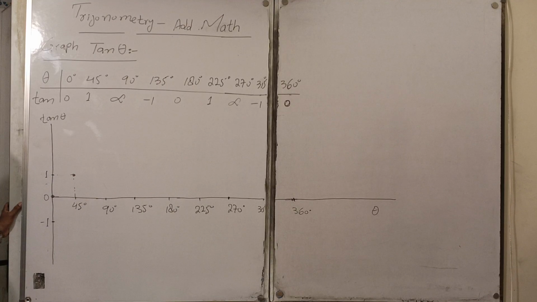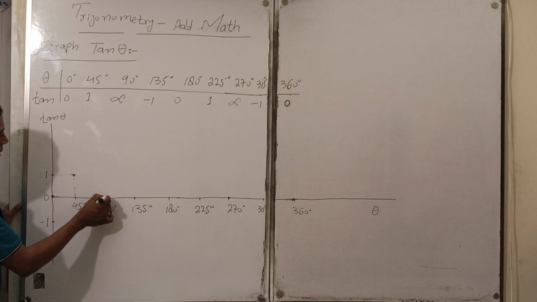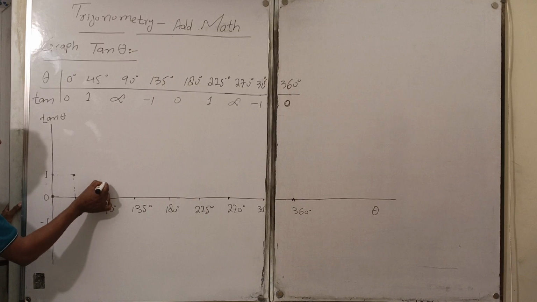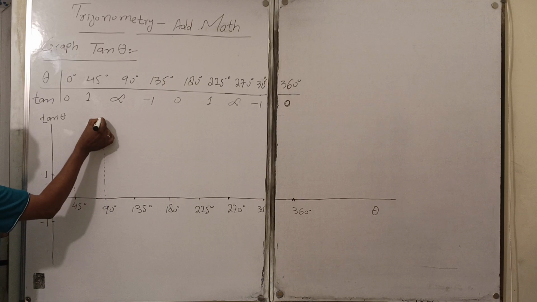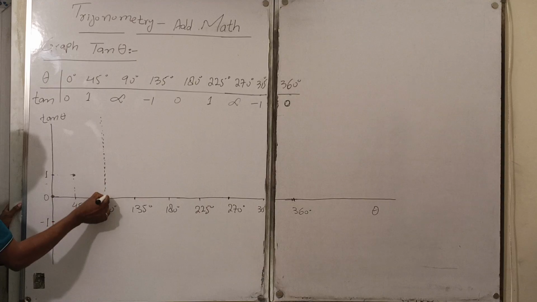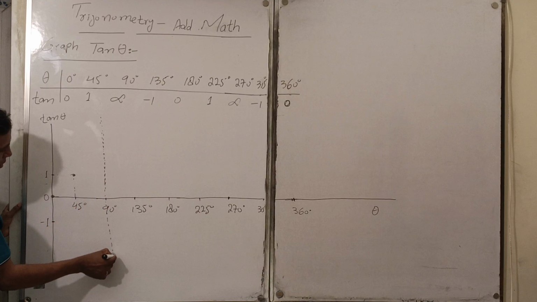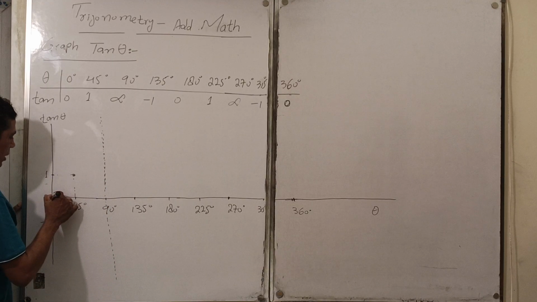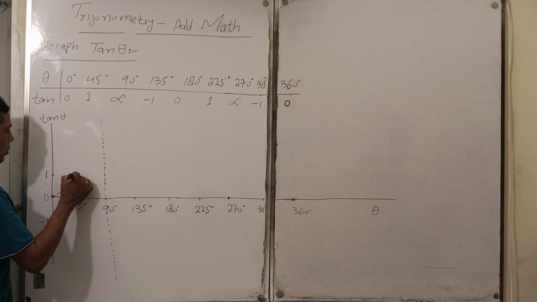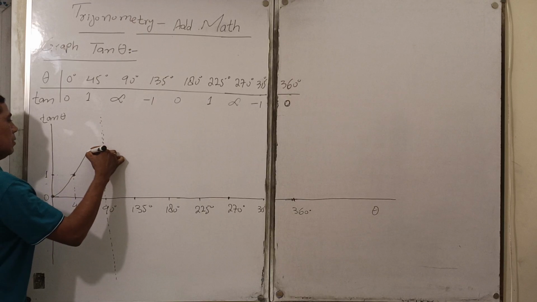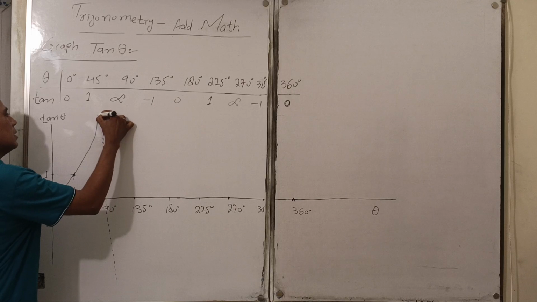What is next? Infinity at 90. So just plot a vertical dotted line. It means this graph goes like this. We cannot decide, it is infinity.